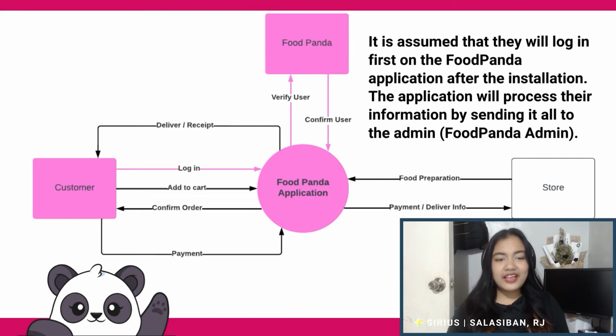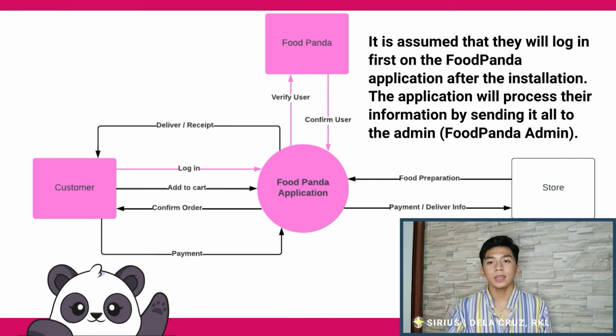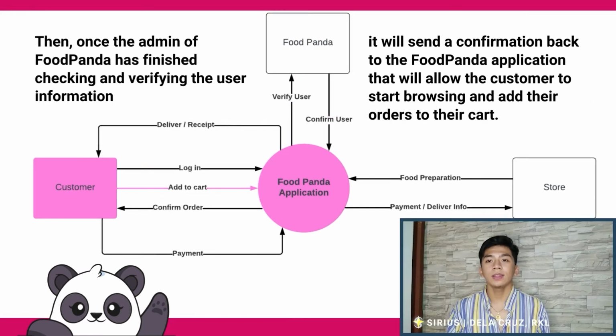The application will process their information by sending it all to the store. Then, once the admin of Food Panda has finished checking and verifying the user information, it will send a confirmation back to the Food Panda application. That will allow the customer to start browsing and add their orders to their cart.